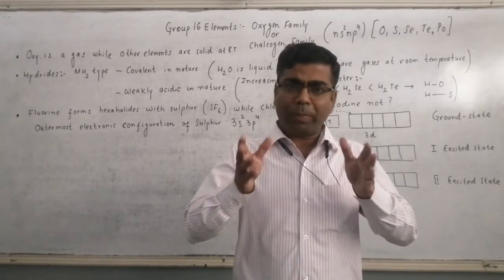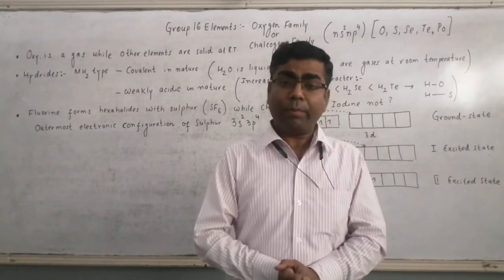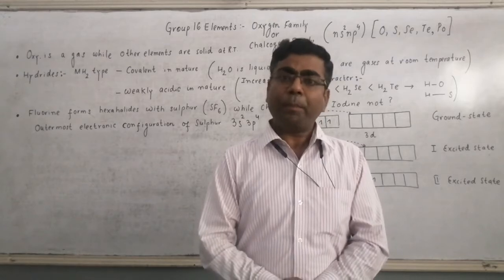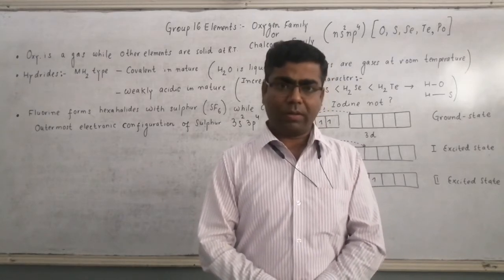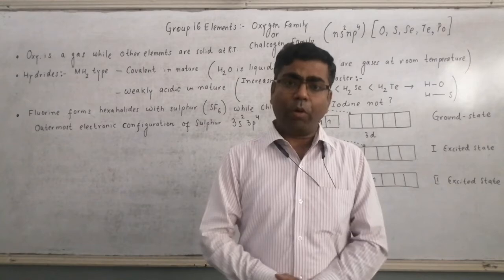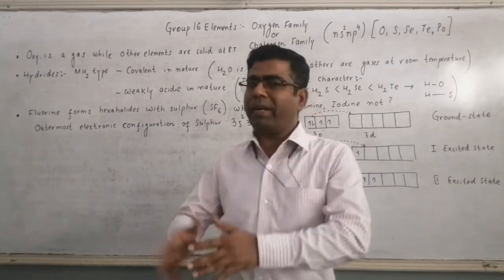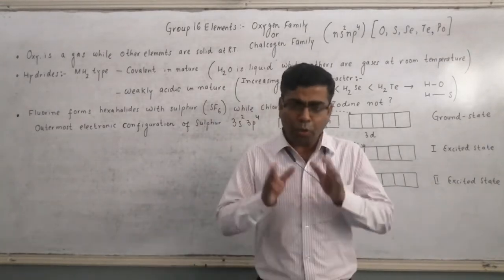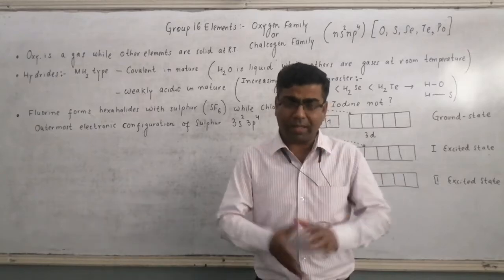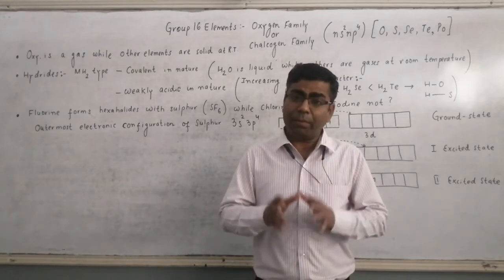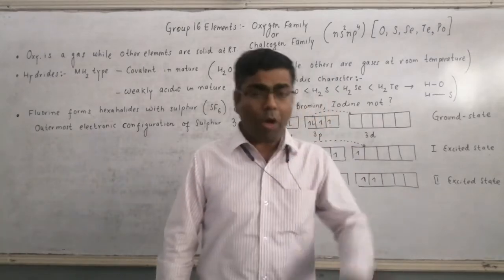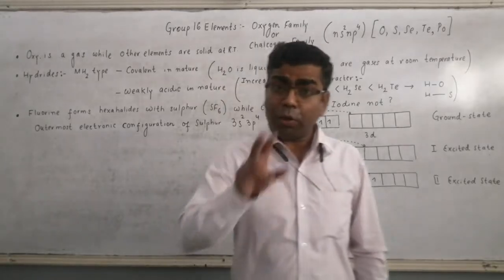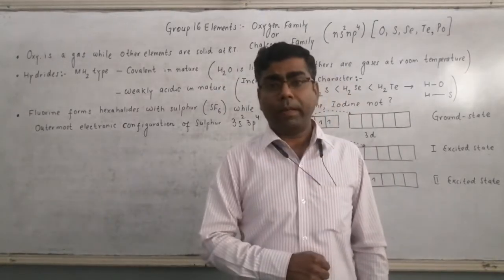There is a double bond between the oxygen atoms, meaning oxygen is forming p-pi bonds. Pi stands for double bond, p because the p orbital is involved. Due to the small size of the oxygen atom, oxygen is able to form p-pi bonds. So there are only two atoms in an oxygen molecule.